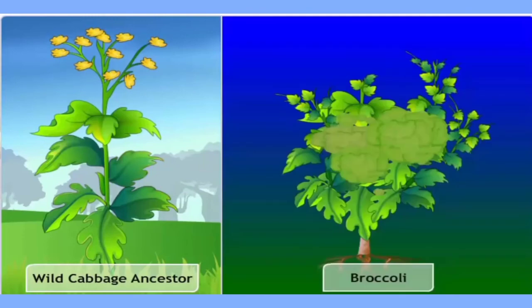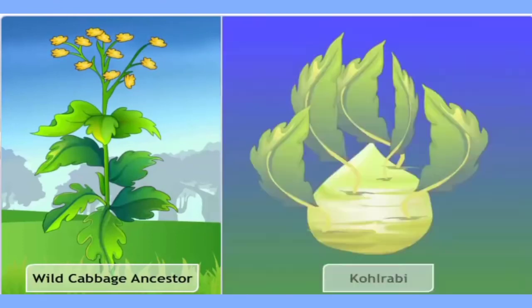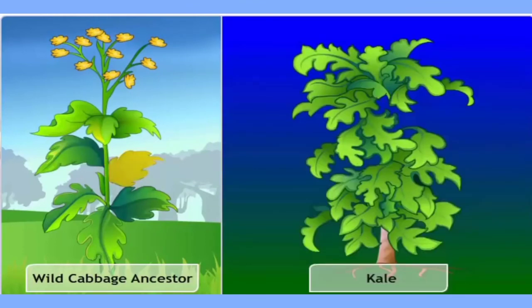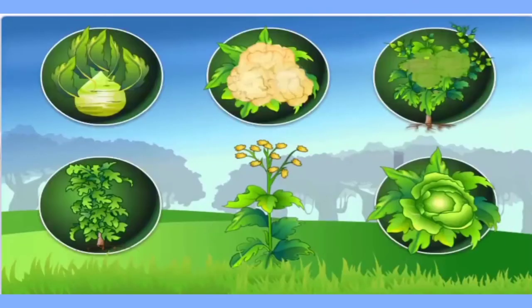Arrested flower development gave rise to a new variety, broccoli. Sterile flowers give rise to the cauliflower. Swollen part gives rise to kohlrabi, and the larger leaf gives rise to the leafy vegetable kale. These changes occur due to changes in genes which accumulate over a period of time.